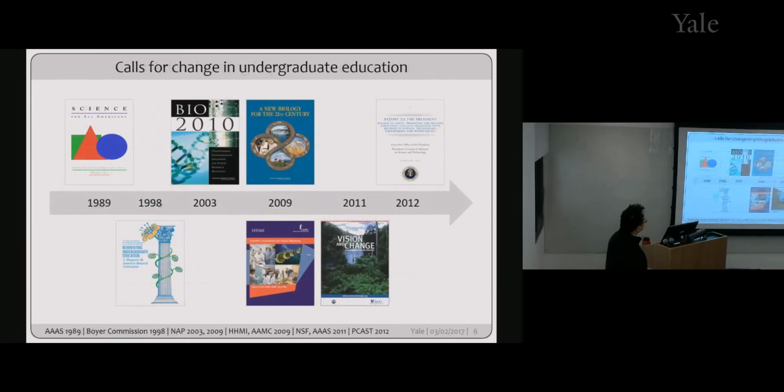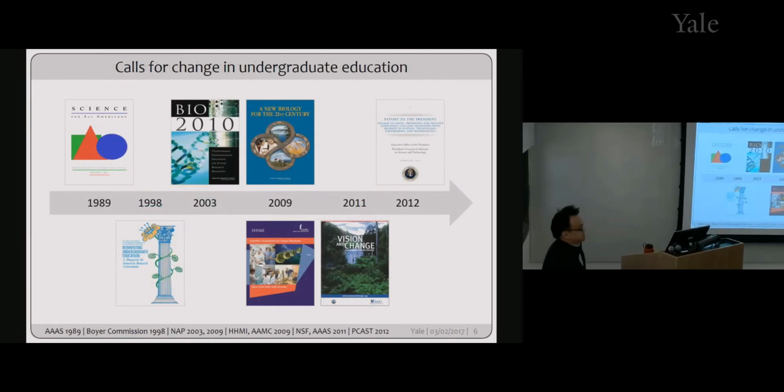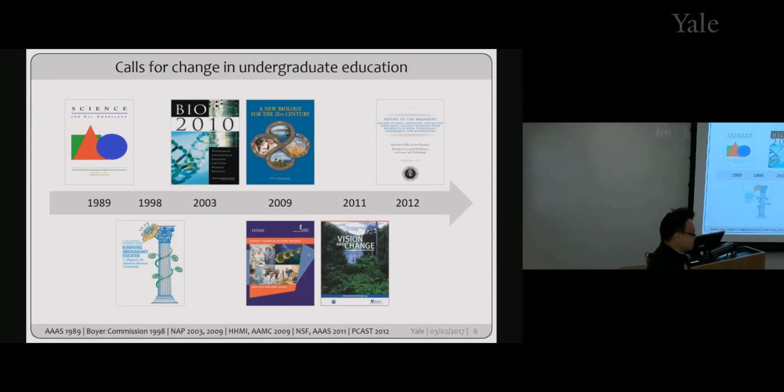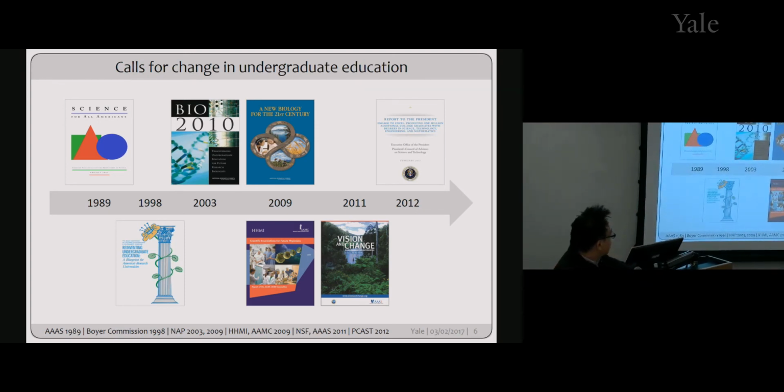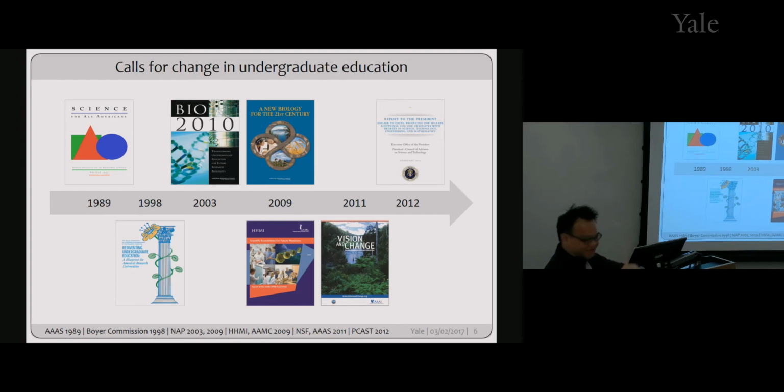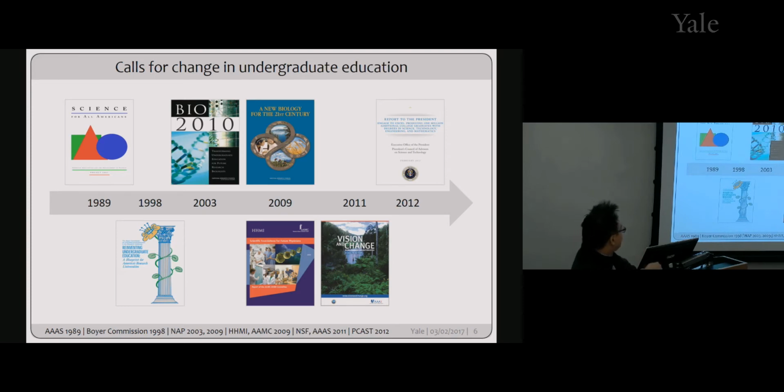Because of these studies over the decades, this has led to a lot of national calls for changes in undergraduate education. It actually started about 25 years ago. Science for All Americans was quite some time ago, leading up to a couple of years ago with the report to the president from the President's Council of Advisors on Science and Technology.